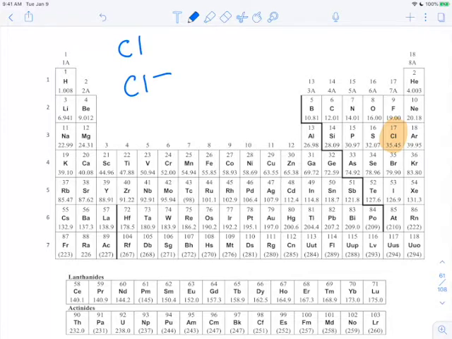What do you all think of Jervin's suggestion that chloride Cl minus will be 3p6? Okay, and then Angie agrees. So let's take another minute or so for those of you still working on it. And it looks like Maria got the same as Jervin did.